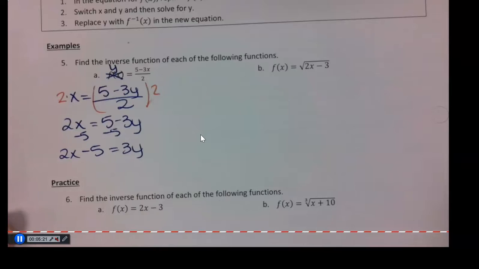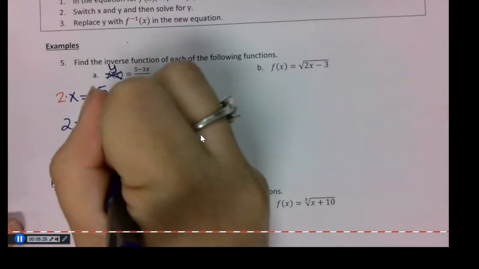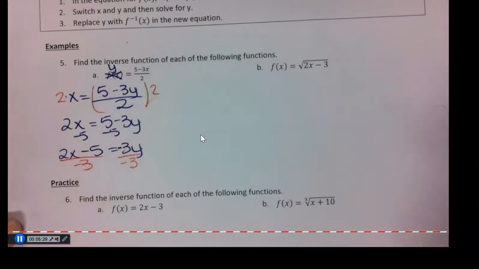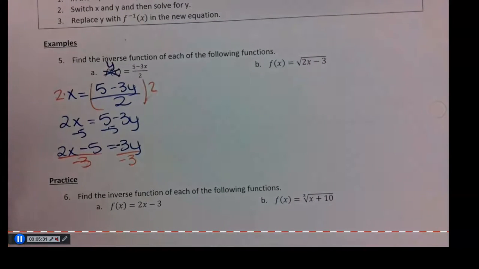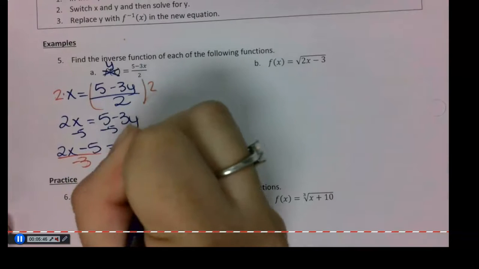Divide both sides by 3. Oh, yeah, it's negative 3. My bad. Then what do I get when I divide by negative 3? Can I simplify that? So then I just get y equals 2x minus 5 divided by negative 3.